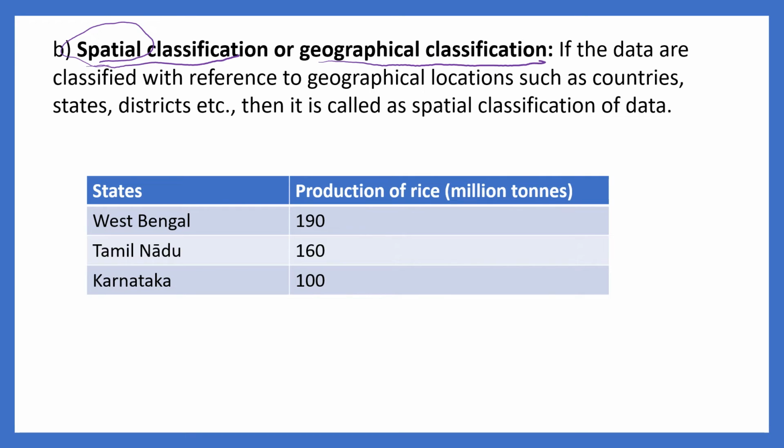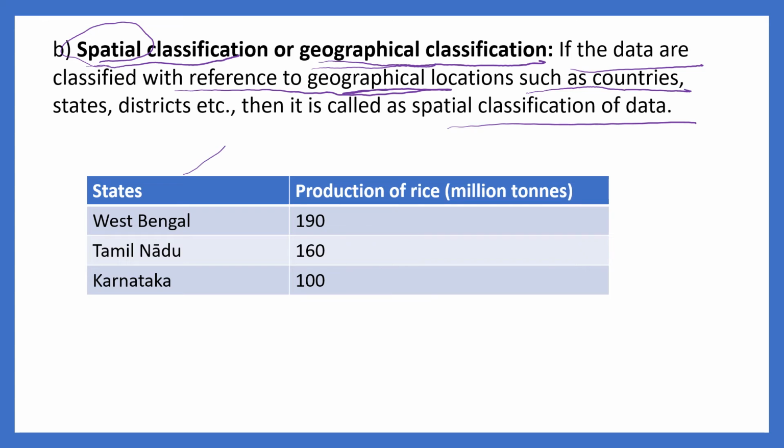Spatial, by considering the area, if you classify the data, then it is called geographical classification or spatial classification. If the data are classified with reference to geographical location such as country, state, district, etc., then it is called spatial classification of data.